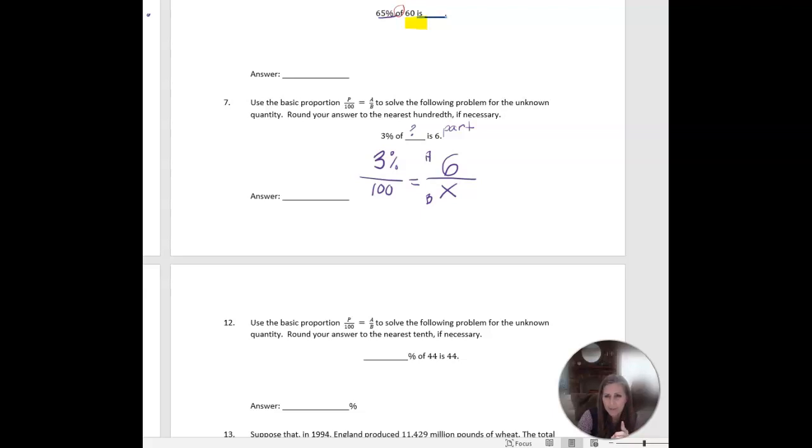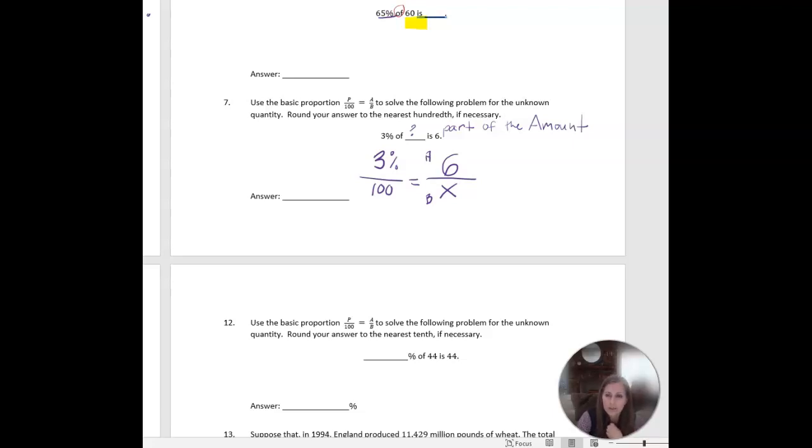Of what number is 6? So 6 is part of the amount that we're looking for. Remember, A goes on top, so 6 is on top, and we're looking for X in the denominator.